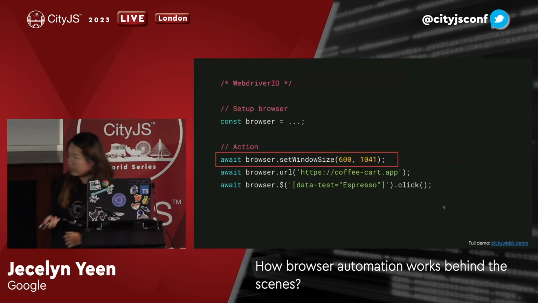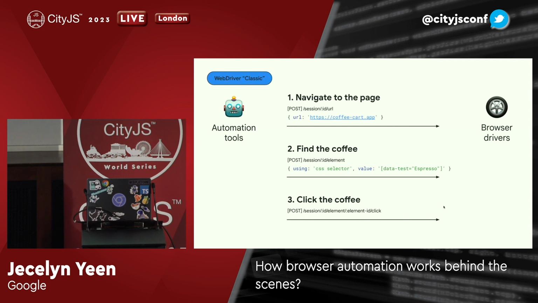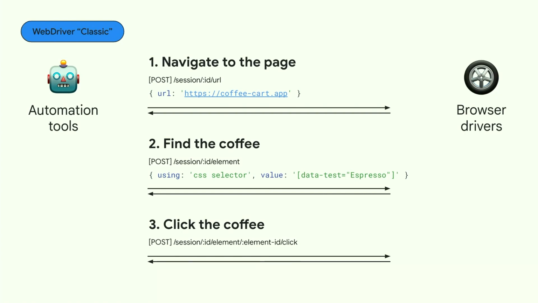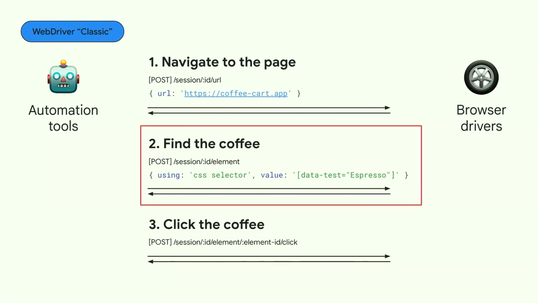Behind the scenes, these are the HTTP commands that get issued: you navigate to the page, you find the coffee, and you click on the coffee. Every time you talk to the browser driver, it talks to the browser and brings back the response almost immediately, until it doesn't.